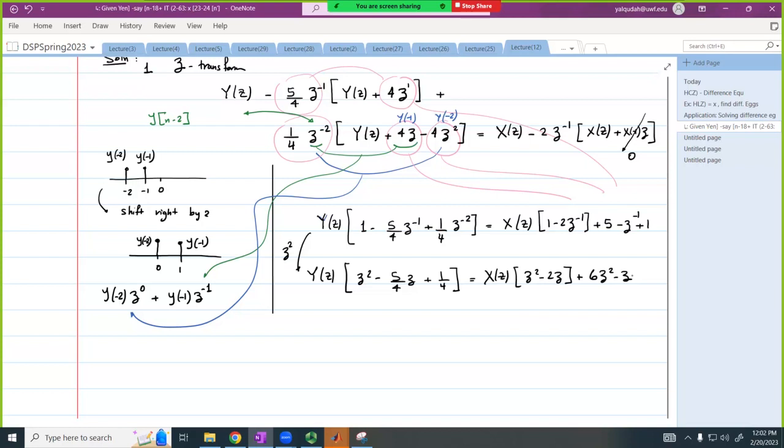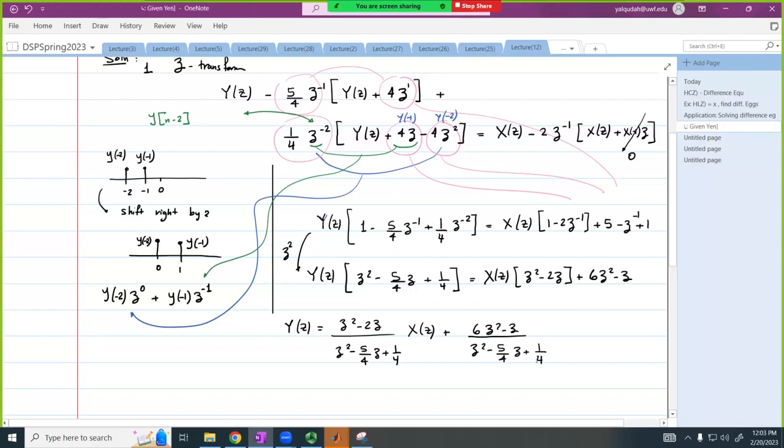Okay. So therefore, my y of z is going to equal z squared minus 2z divided by z squared minus 5 over 4z plus 1 over 4 multiplied by x of z, plus 6z squared minus z divided by z squared minus 5 over 4z plus 1 over 4.